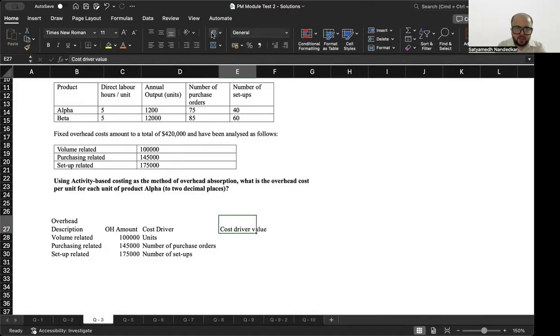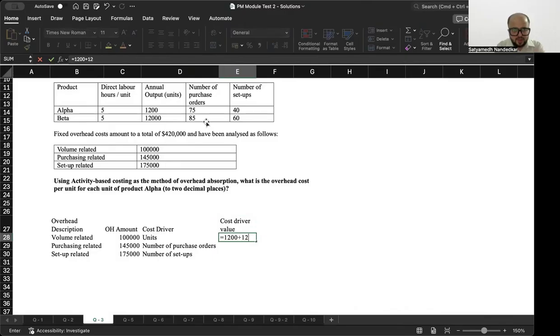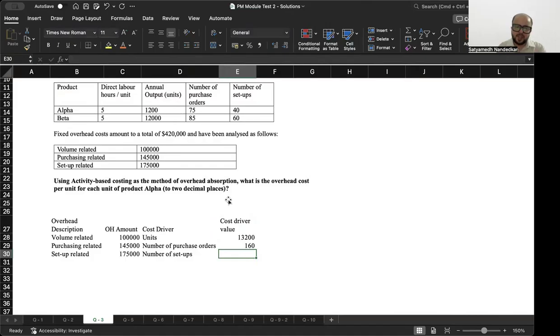If number of units is the cost driver, how many total units are made? 1200 plus 12,000 units are made. If number of purchase orders is the cost driver, what is the total number of purchase orders? 75 for alpha and 85 for beta. And if number of setups is the cost driver, then how do you get the number of setups? 40 plus 60, which is 100.